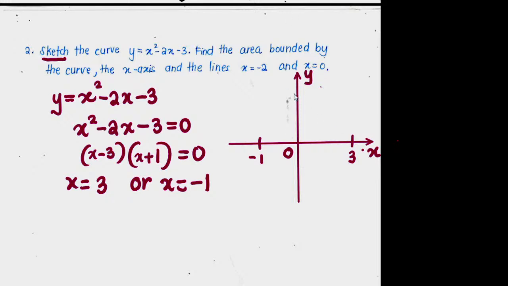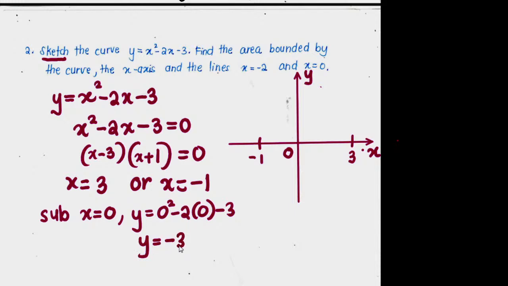How about for the y? Do we have any intersection for the y or not? How to know? You substitute x equals 0. So you will know what is the intersection for the y. So 0 square minus 2 times 0 minus 3. Y you get -3. So that one we can write at the bottom here, -3.